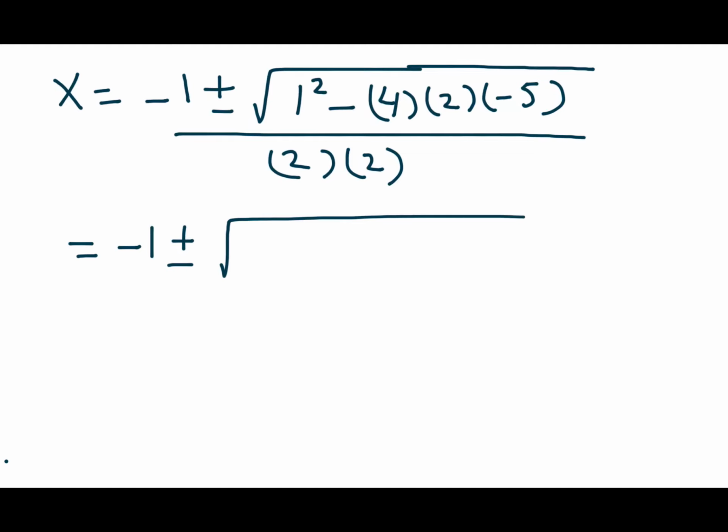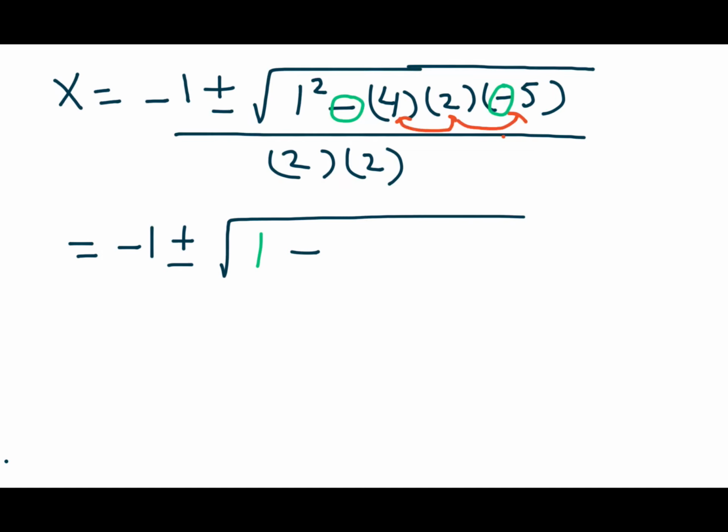Now the square of 1 is 1, so 1 minus 4 times 2 is 8, and 8 times 5 is 40, and since there is a minus sign, it's minus minus 40, and this minus will be plus 40.